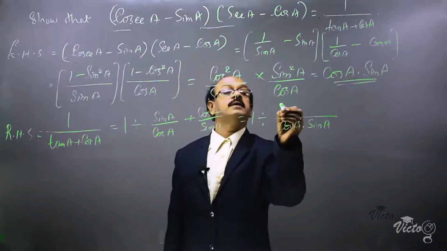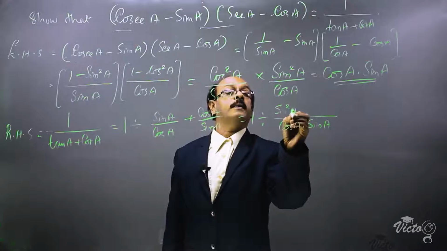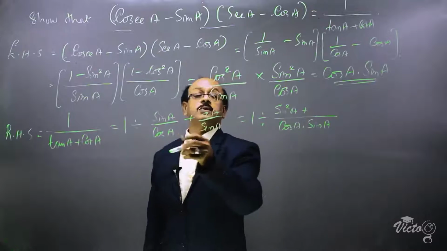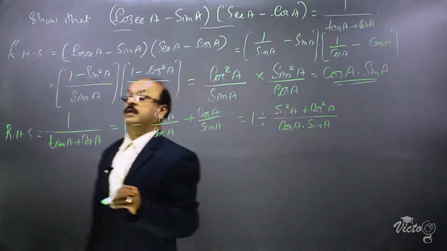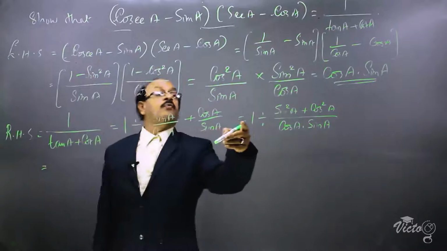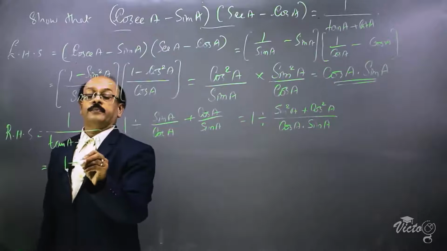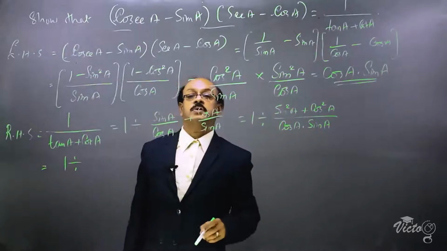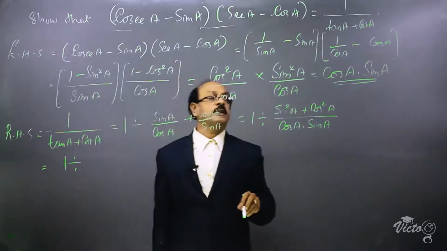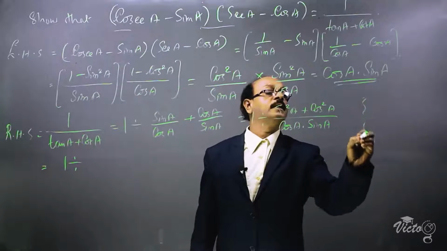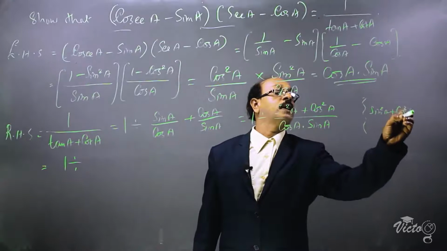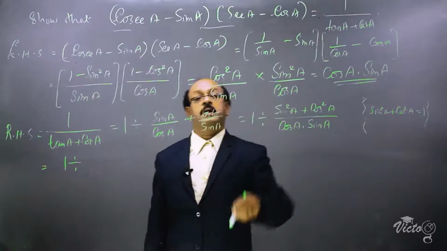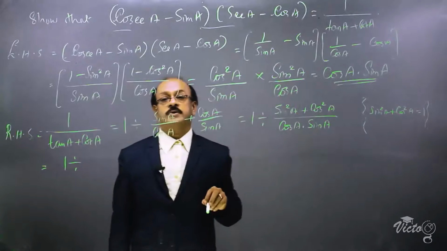Sin A into sin A is sin square A plus cos A into cos A is cos square A. RHS is equal to 1 divided by, what is sin square A plus cos square A? Sin square A plus cos square A is equal to 1. Remember the identity, we have to use the identity here.